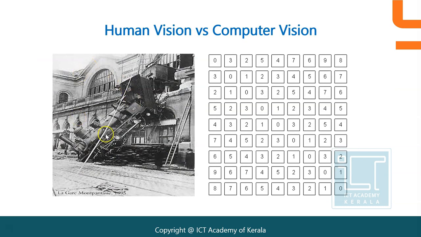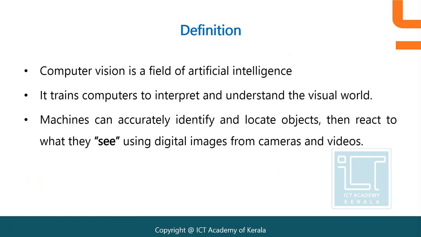So this is a normal view of an image for a human. But when a computer sees this image, it will interpret that image as a group of numerical values. So we can define computer vision as a field of artificial intelligence that trains computers to interpret and understand the visual world.